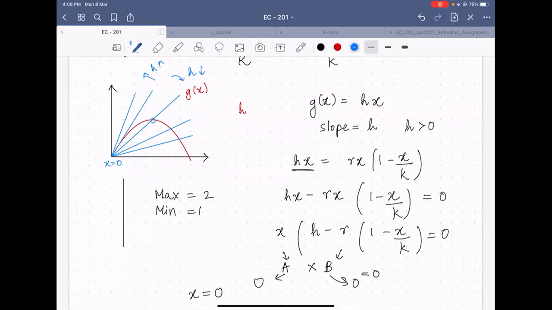One would be this, one would be your x equals 0. But along these values of h, the number of points of intersection would be only 1, which is your x equals 0.